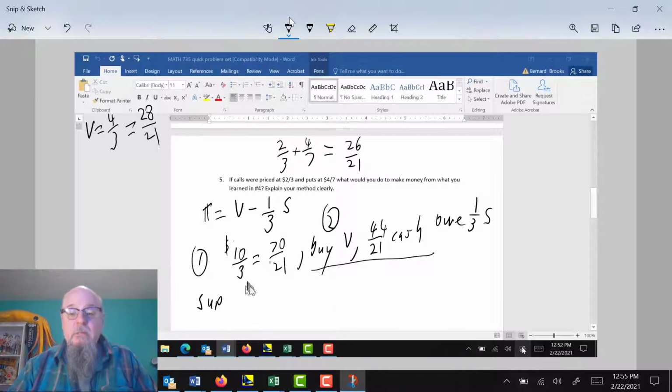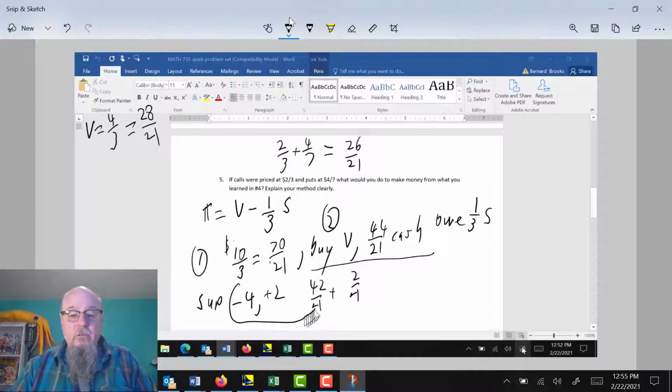Now, if it goes up, I owe 1/3 of a share. That's going to cost me minus $4. But my straddle is worth $2 now. So I could cash in my straddle. I'm still $2 short. Oh, but I have $2 in cash, and $2 would be 42 over 21, plus I have another 2 over 21 cash.